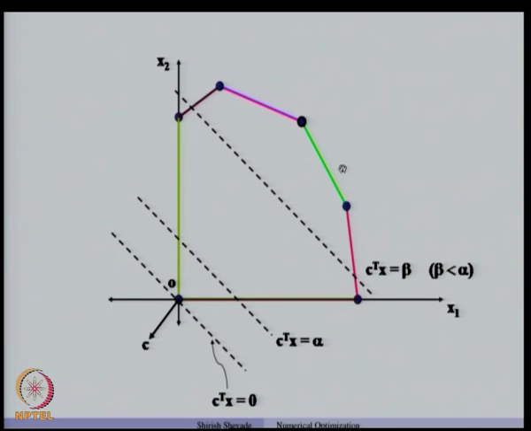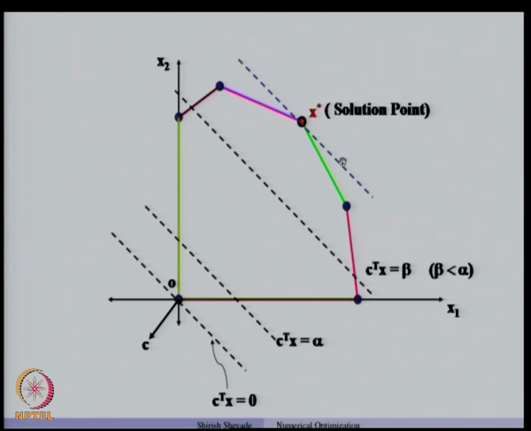If we keep moving this hyperplane further, we may come across a point where we get the minimum of the objective function with respect to this constraint set. If we move this hyperplane further, we will hit the solution point of the given problem.